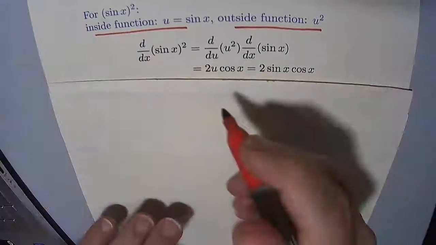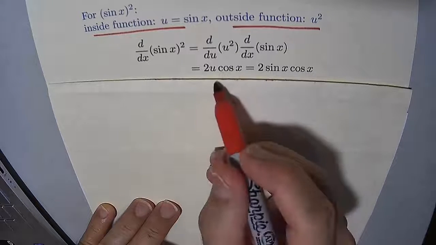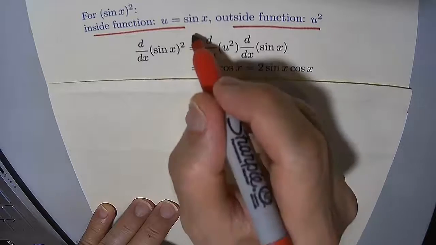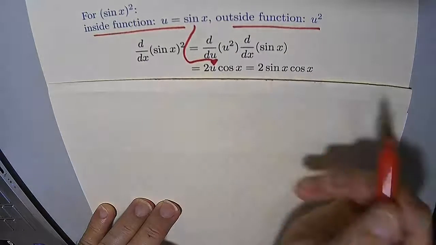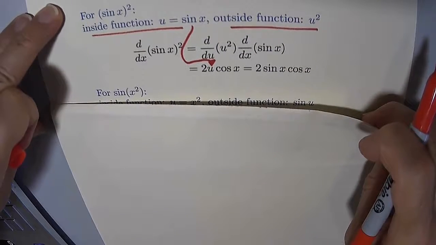Derivative of u squared is 2u. Derivative of sine x is cosine x. So putting the u back in here, here's the u. We get 2 sine x cosine x, and that's the answer for the first term, square of sine of x.